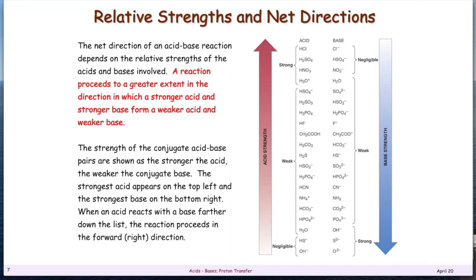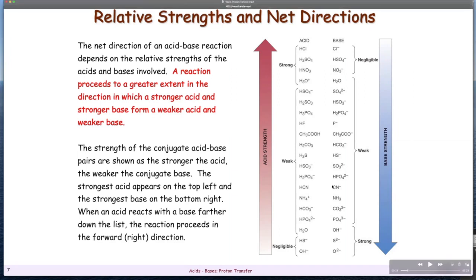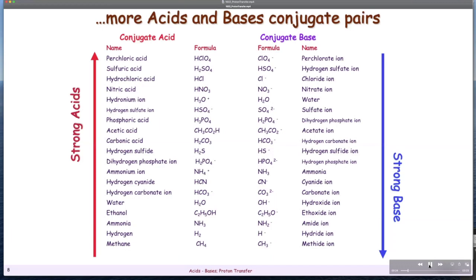That's important because if you only have information about one of the chemicals, then you can infer about its conjugate based on the fact that it's the opposite. So here's the more extensive list.